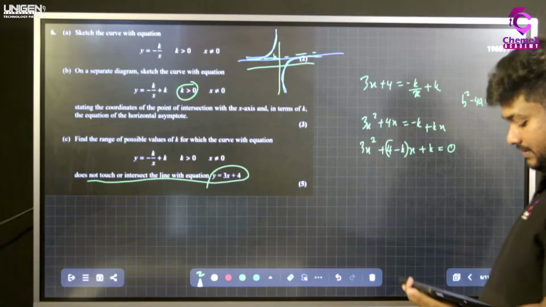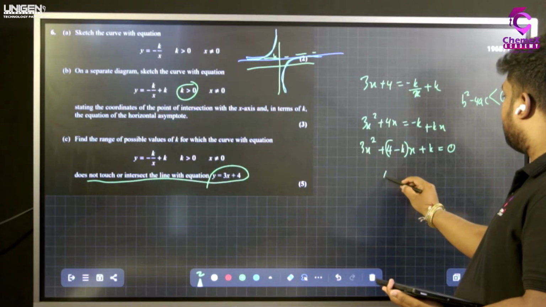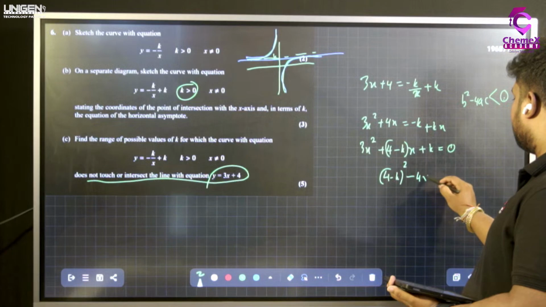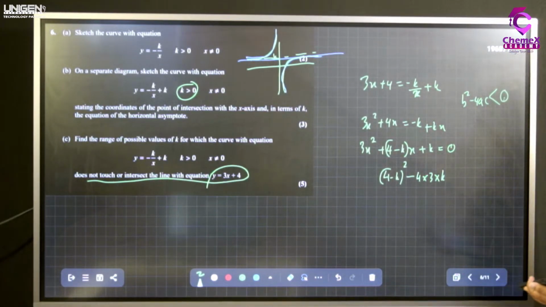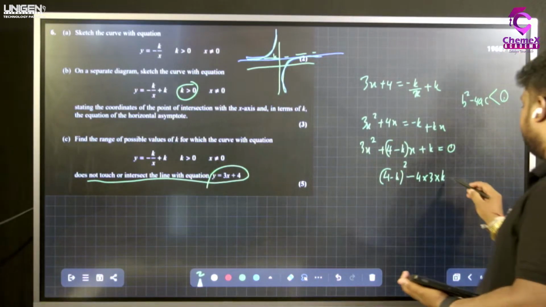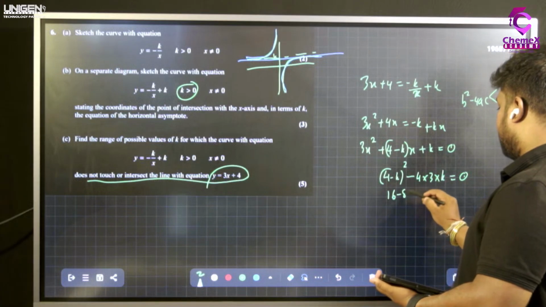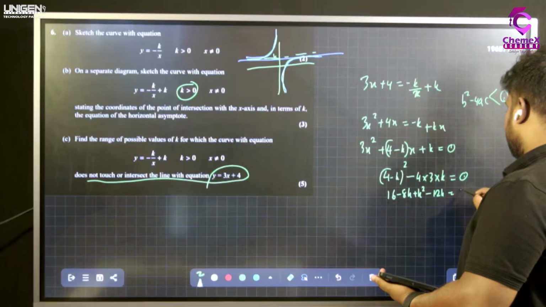Okay, so get the answer. b squared is what? (4 minus k) squared minus 4 times 3 times k. You can take it equal to 0 and solve it and then prove. So if you solve this, you get 16 minus 8k plus k squared minus 12k equals 0.